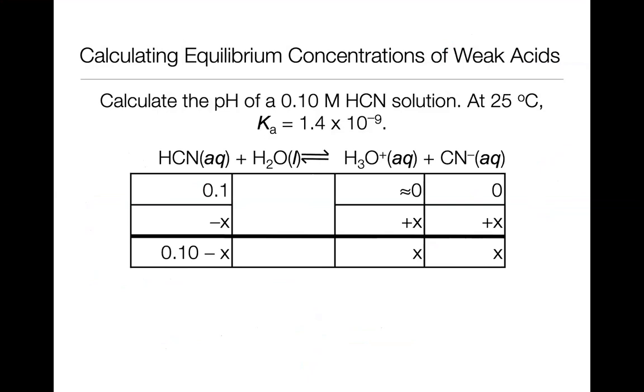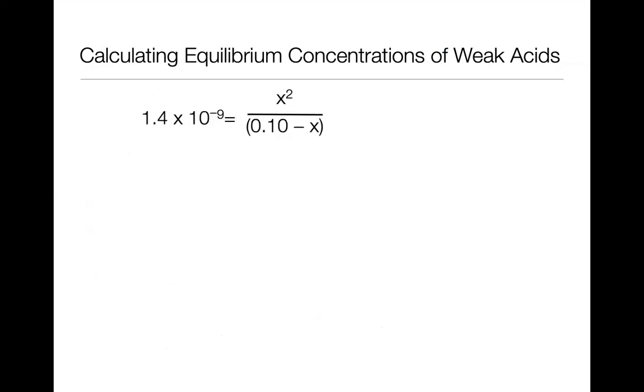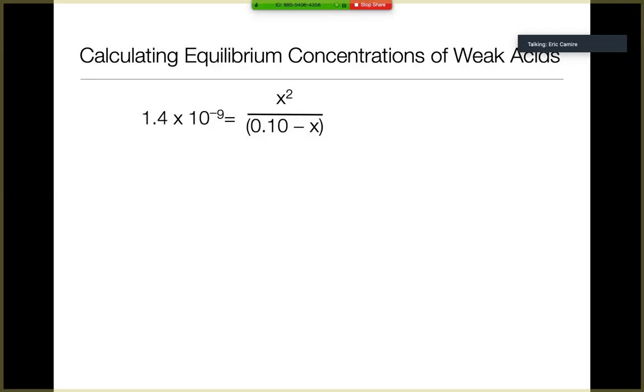Right, so there's the table we wrote in, there's our Ka. All I did here is plug all our values into Ka. I've already multiplied the concentrations of hydronium and cyanide together. Both were X, so it becomes X squared. Then we have the concentration of hydrogen cyanide, which was 0.1 minus X. And the Ka was given to us in the problem.